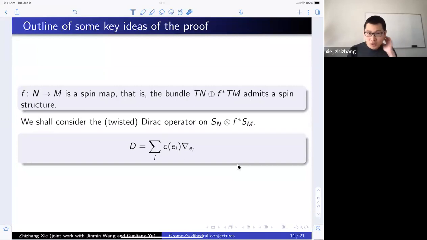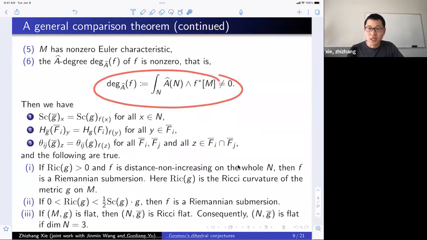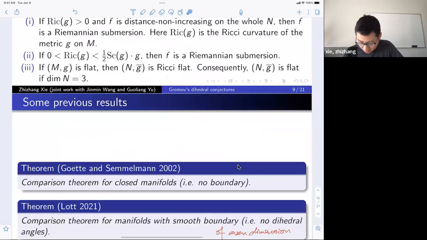So in that sense, we are really going back to the Gauss-Bonnet theorem. The index we're studying is really the Euler characteristic. But of course, when there are different dimensions, this extra A-hat degree comes in. If they're the same dimension, we're literally studying the Euler characteristic.